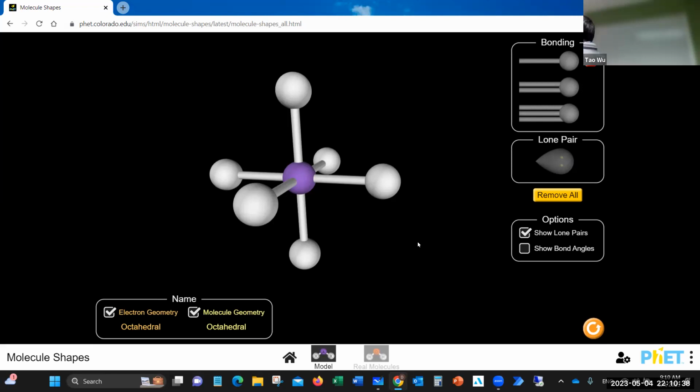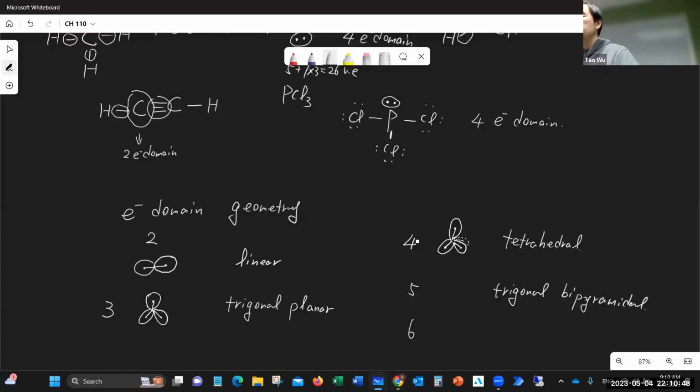So octahedral has 8 faces: the top has 4, and the bottom also has 4.